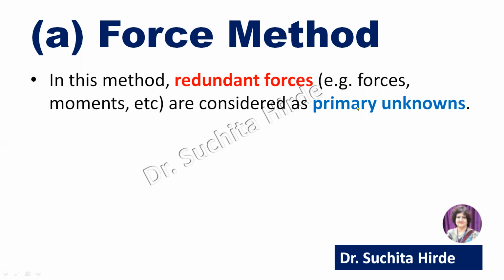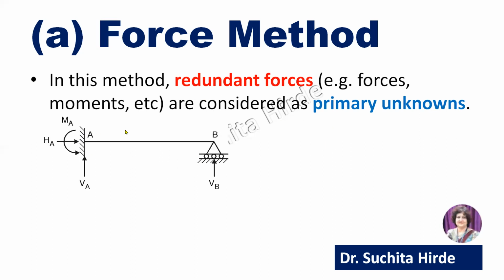Let us understand the meaning of this sentence, that redundant forces are considered as primary unknown. Let us consider one indeterminate structure, which is a propped cantilever. In this structure, there are a total of 4 unknown reactions.